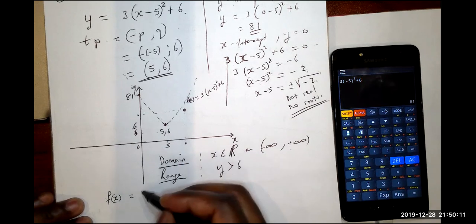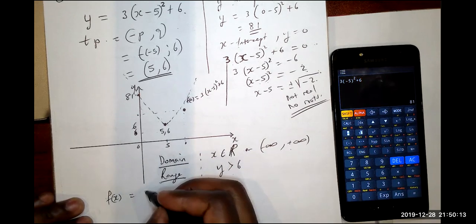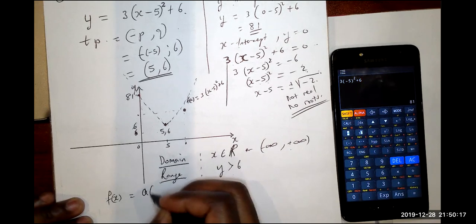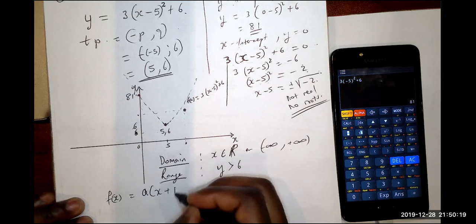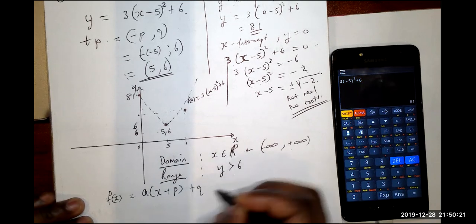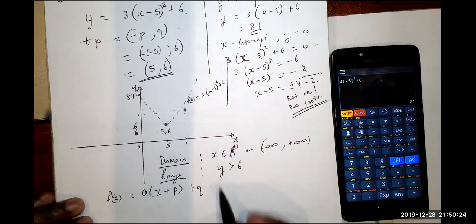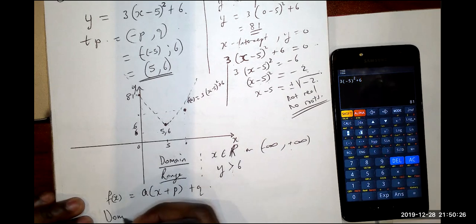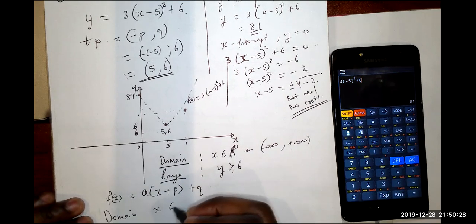Now, when your graph has a minimum, when you have f of x equals a(x + p)² + q, in that case the domain, x is always an element of real numbers. You mustn't worry there.